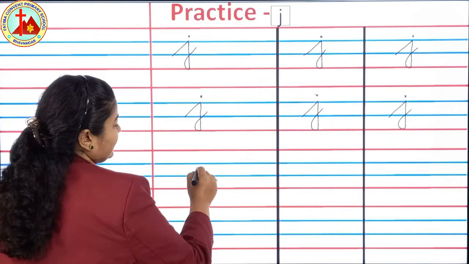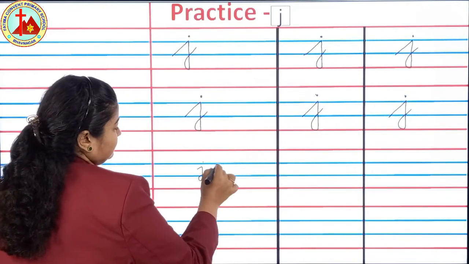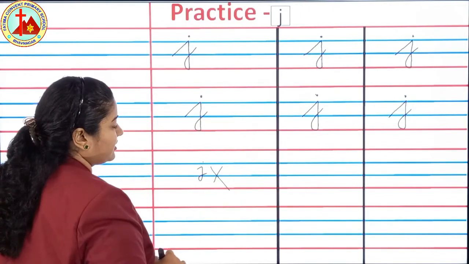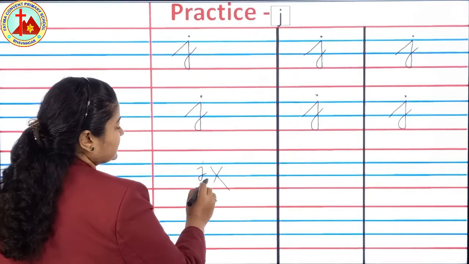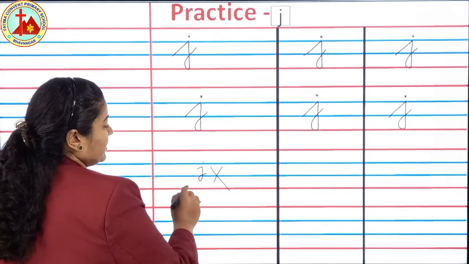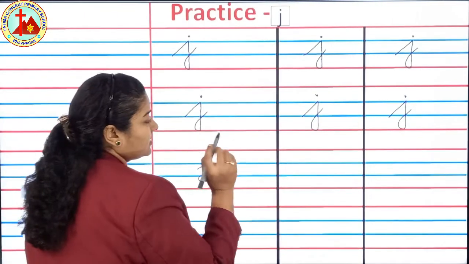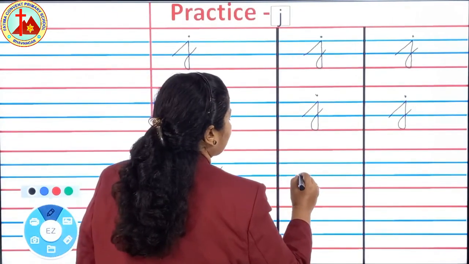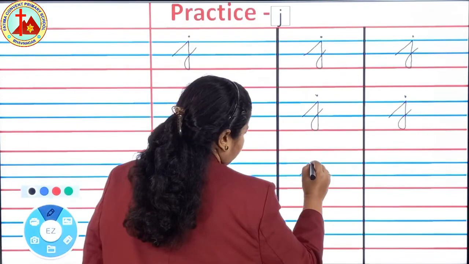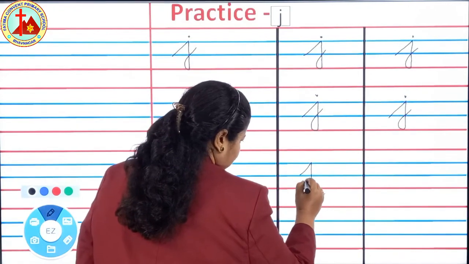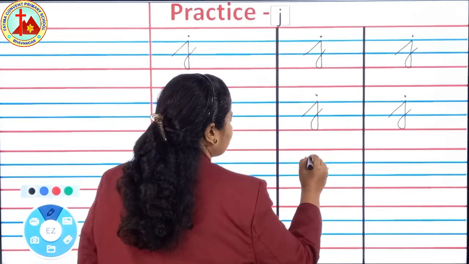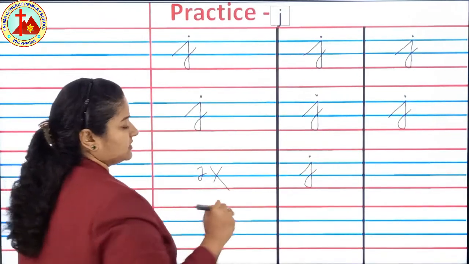If you write like this, then Miss will mark it wrong. Why? Because you are not touching the blue line. You are not touching the red line. The correct formation is this. You don't have to lift your pencil. First you have to complete and then last you have to put the dot.